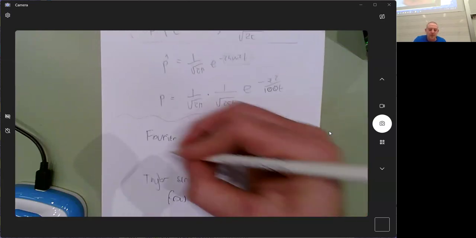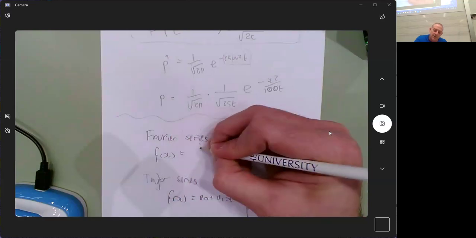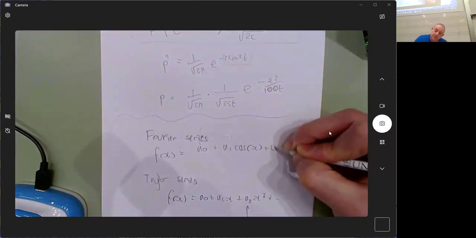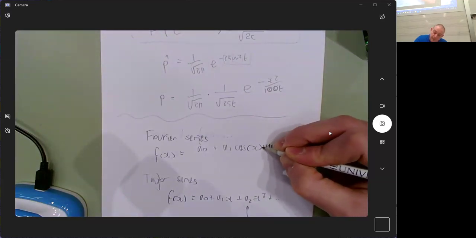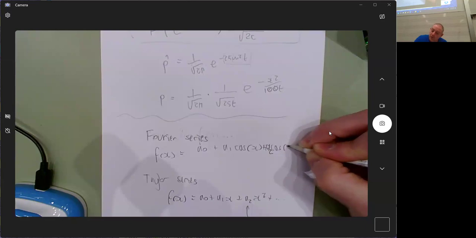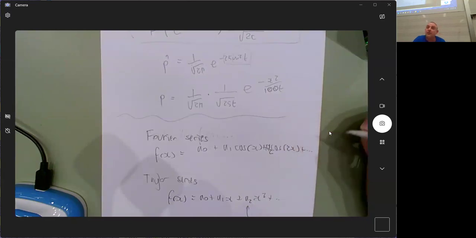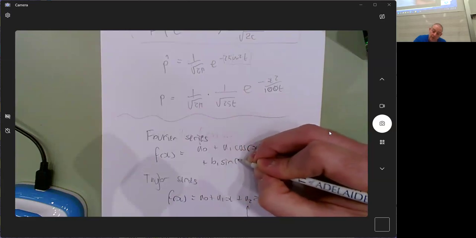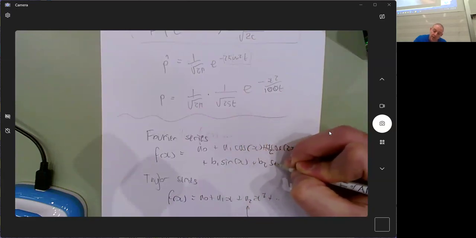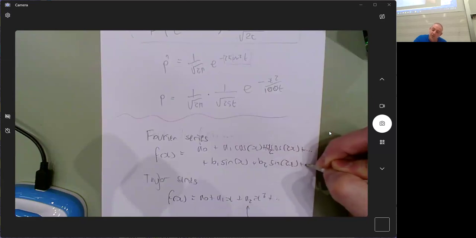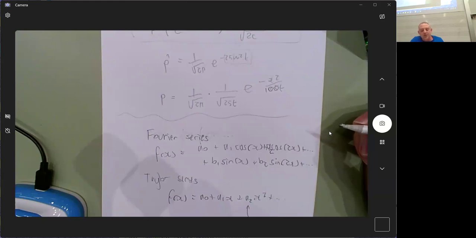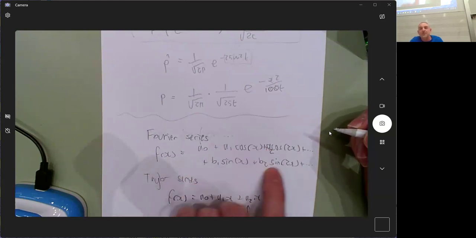A Fourier series, you write f of x as a combination of coses, a0, a1 cos x, a2 cos 2x and a3 cos 3x and so on, and sines: b1 sine x, b2 sine 2x, b3 sine 3x. That's a Fourier series. And instead of using derivatives to figure out what these numbers are, you use integrals.